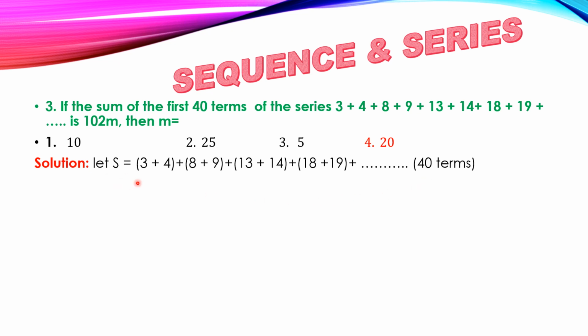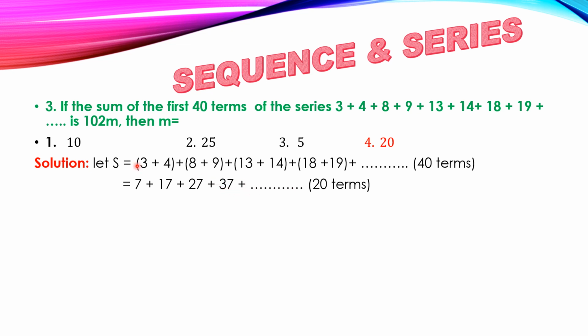Now we add these pairs: 3 plus 4 equals 7, 8 plus 9 equals 17, 13 plus 14 equals 27, 18 plus 19 equals 37, and so on. So here the total terms are only 20 terms.